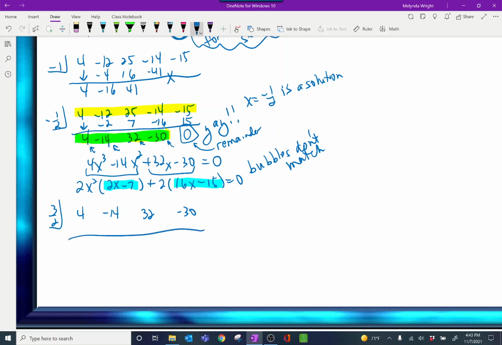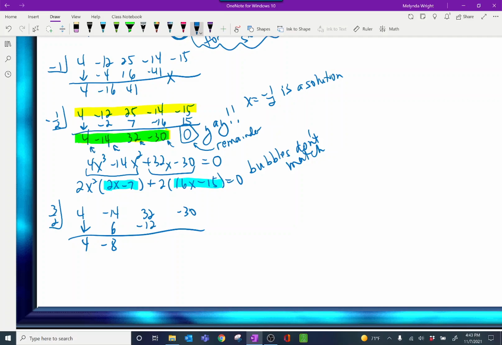Okay, so let's try this. Bring the 4 down. So 3/2 times 4. Let's see, 2 goes into 4, 2 times 3 is 6. So negative 14 plus 6 is negative 8. 3/2 times a negative 8. Let's see, 2 goes into negative 8, negative 4 times 3 is negative 12.